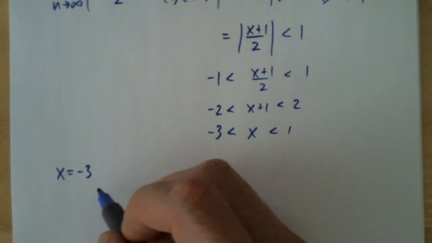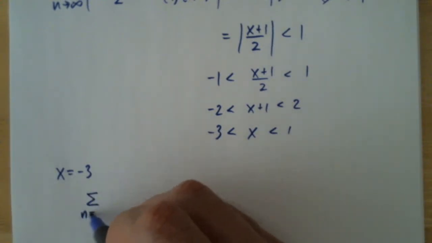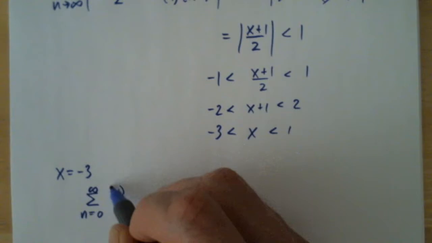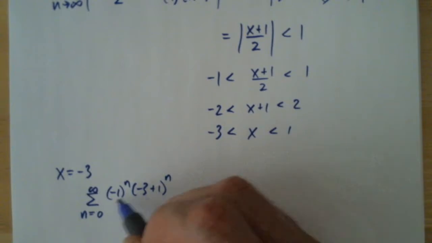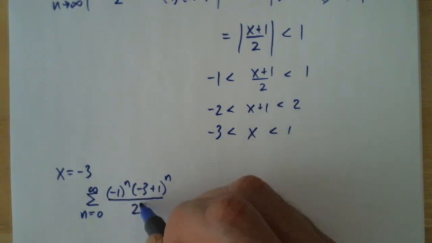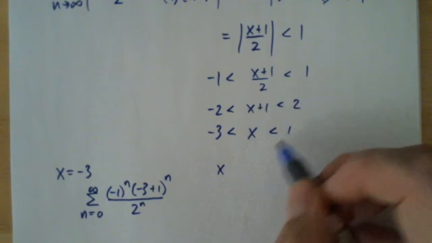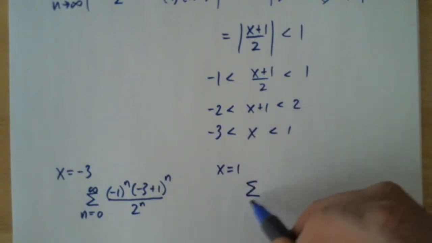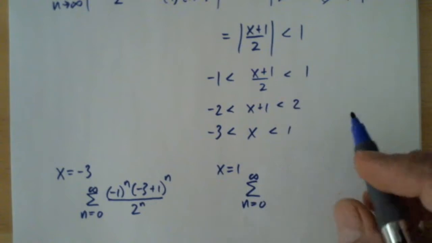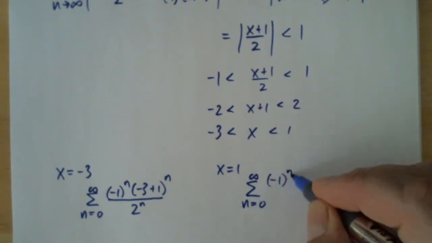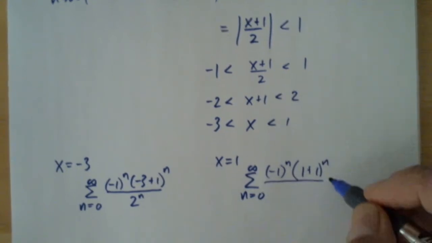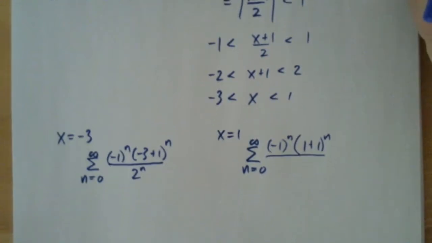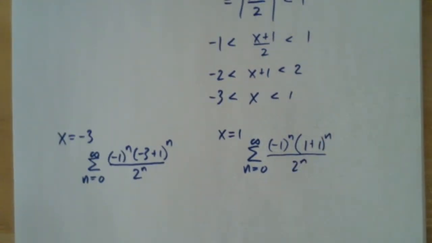At x equals negative 3, we have negative 3 plus 1 to the n over 2 to the n, and we'll also check 1. This will be 1 plus 1 to the n. So that's the original sequence, and we just replace the x.